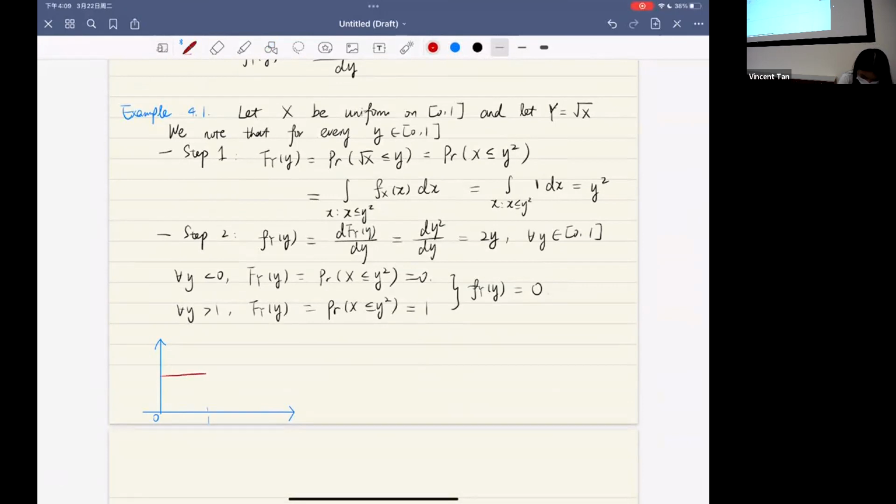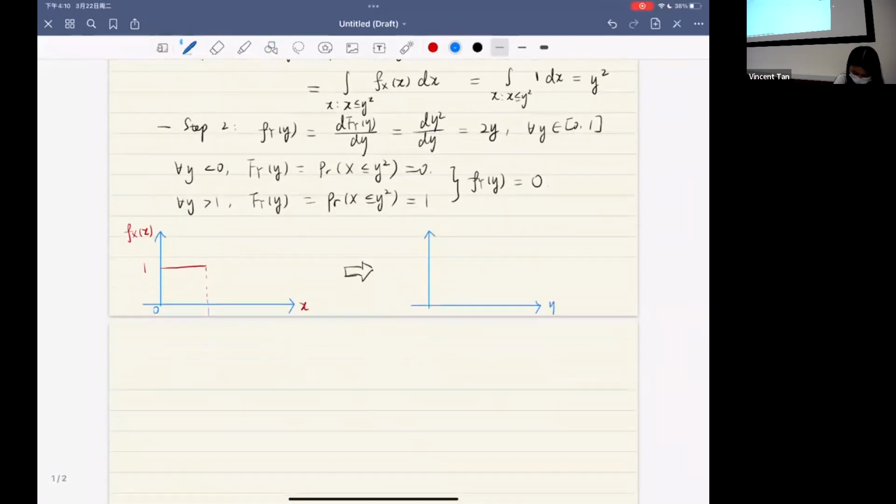So the conversion is 0. So this is a slope equal to 2y.